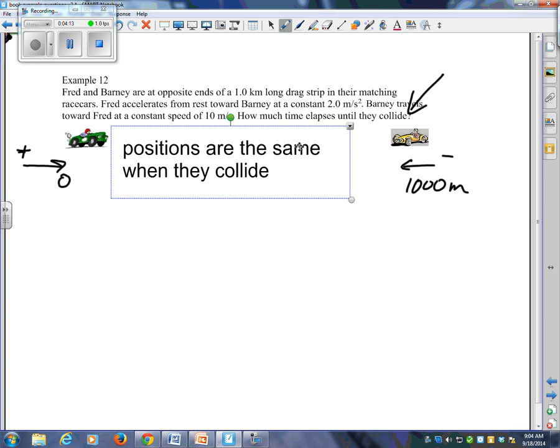Now, what is Fred's initial position? Position Fred. 0. He's at 0. Position Barney. Plus 1,000.